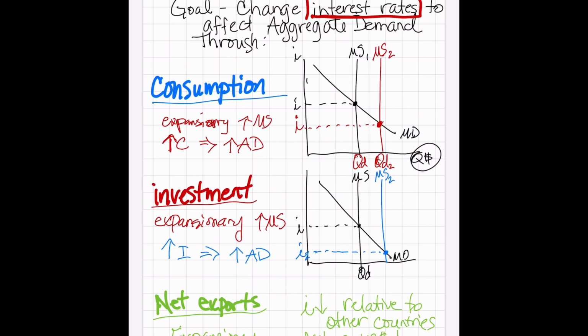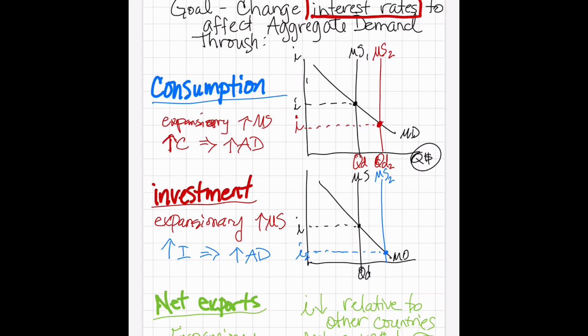So our exports rise as they become cheaper in other countries. Our imports fall as the goods coming into our country are relatively more expensive for us. And that's going to lead to an increase in net exports. And this, of course, is part of aggregate demand. So if net exports rises, then aggregate demand rises.